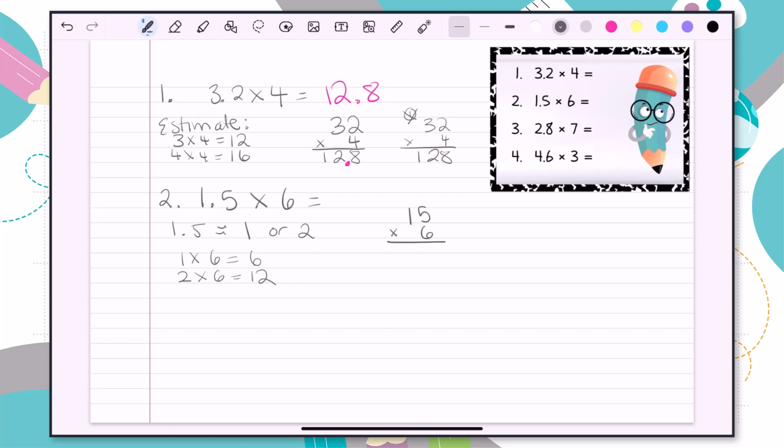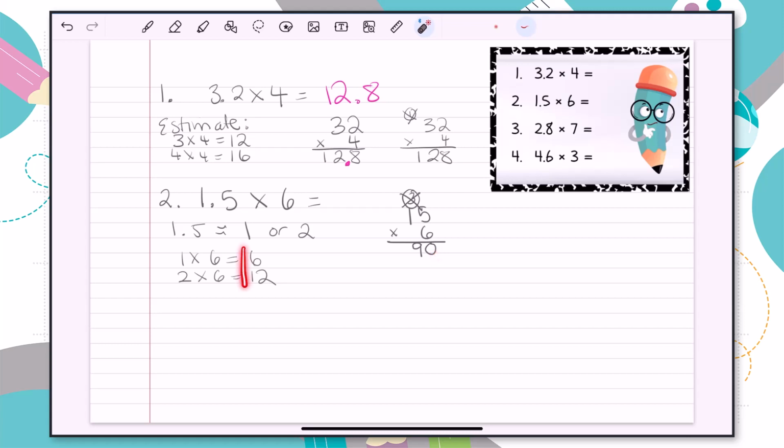So then we remove the decimal and multiply using whole numbers and the standard algorithm. 6 times 5 is 30. I need to carry the 3 into the tens column. 1 times 6 is 6. Add the 3, and then we get 90. Now we know that 1.5 times 6 is not going to give us an answer as big as 90.